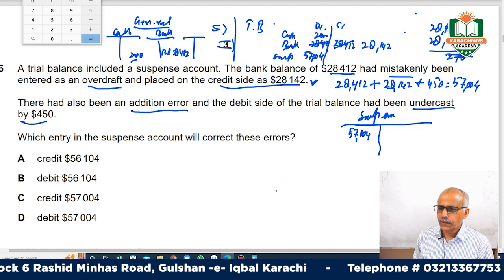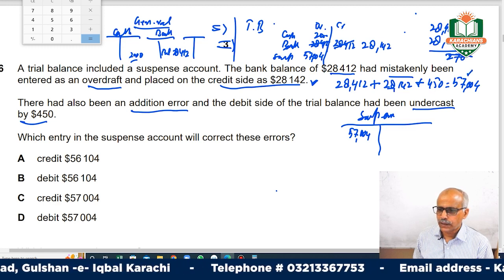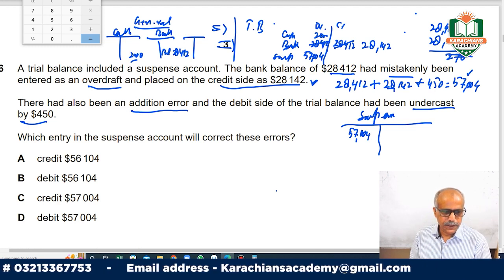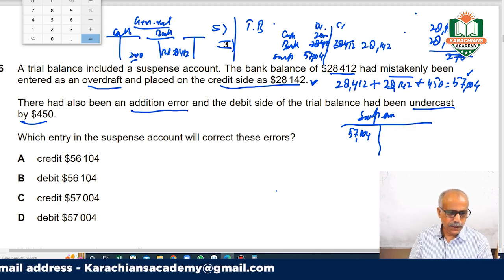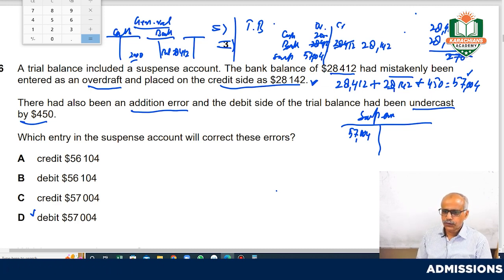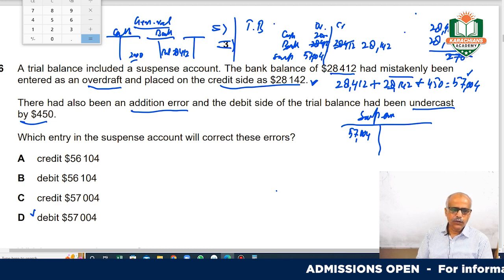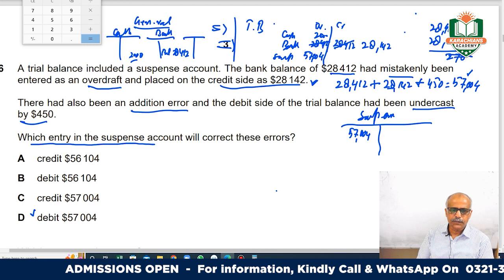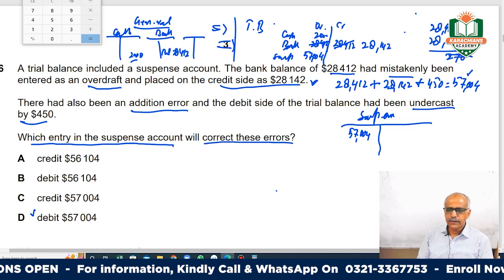So they normally become confused, right? They say the debit side is short, so they will debit 57,004. But he's saying you have made the mistake, so which entry in the suspense account will correct this error?